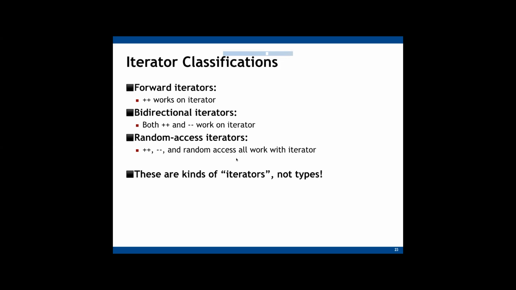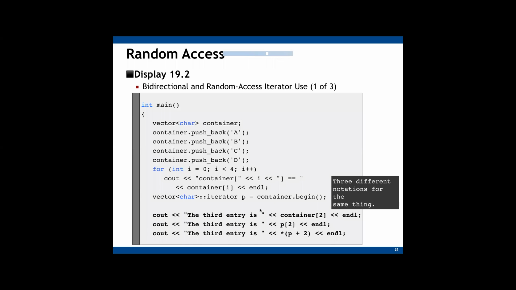So you don't have to traverse all the elements to access a particular element. Using random access, you can access a specific element in one step. What this means is that these below 3 lines are examples of random access.